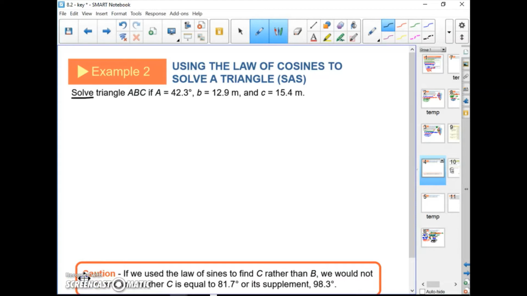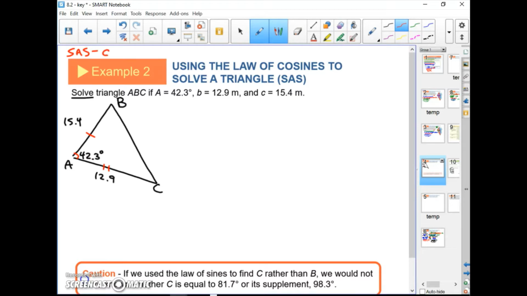Example 2, we're solving a triangle. So I'm going to start by drawing the triangle. Angle A is 42.3 degrees, side B is 12.9 meters, and side C is 15.4 meters. So when I look at this triangle, I identify that I'm looking at a side, angle, side.